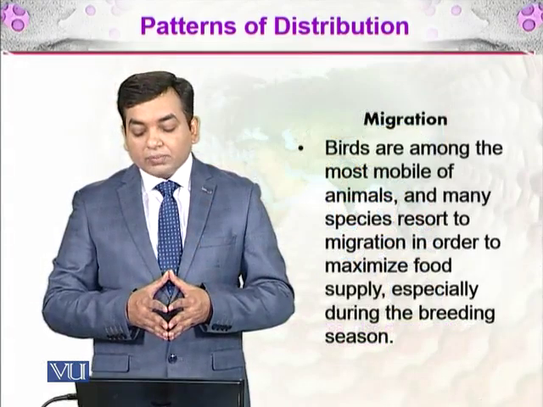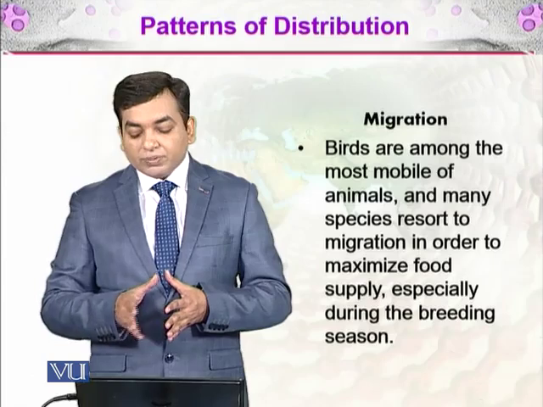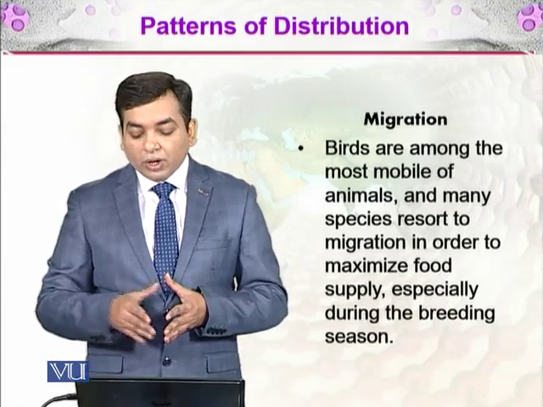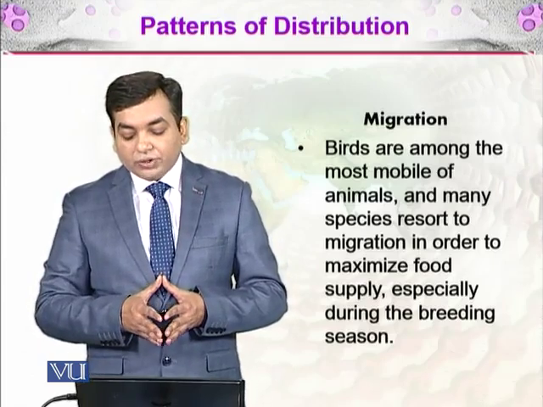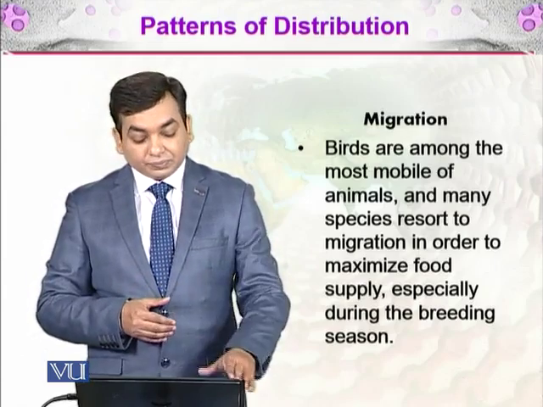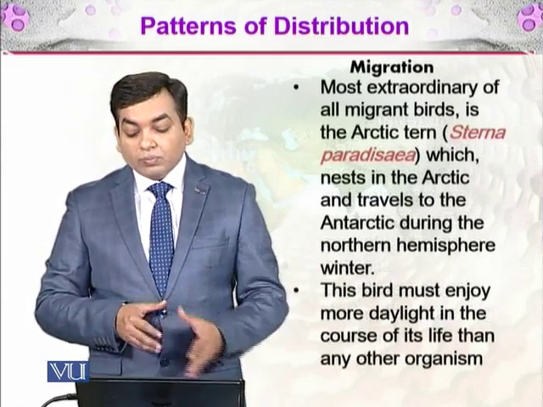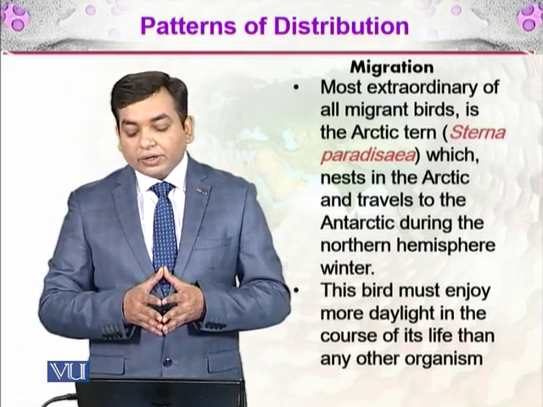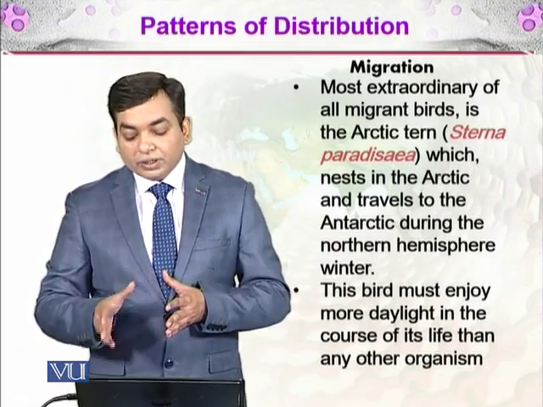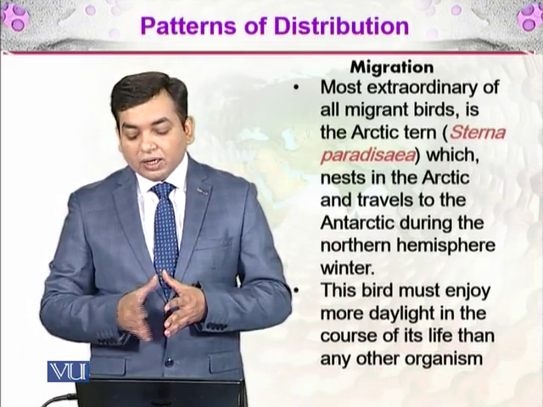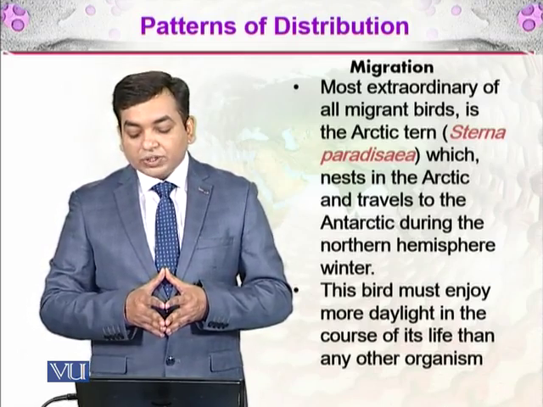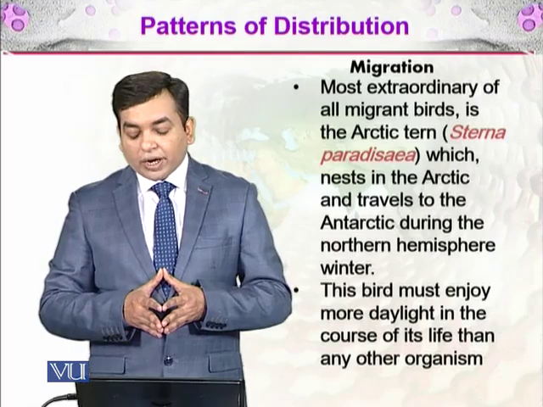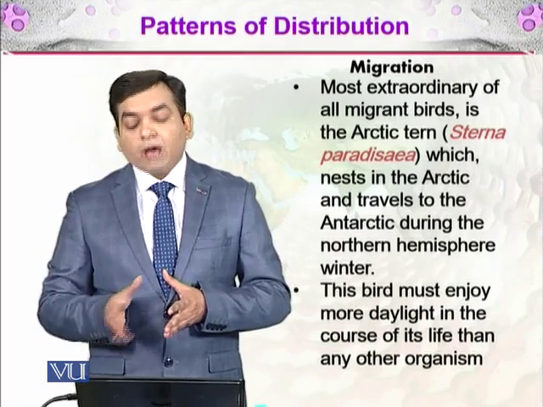The birds are among the most mobile of the animals, and many species resort to migration in order to maximize food supply, especially during the breeding season. The most extraordinary of all migrant birds is the Arctic tern, Sterna paradisaea, which nests in the Arctic and travels to the Antarctic during the northern hemisphere winter.